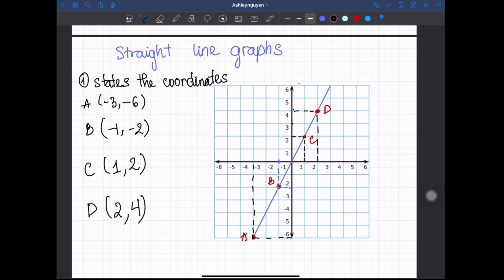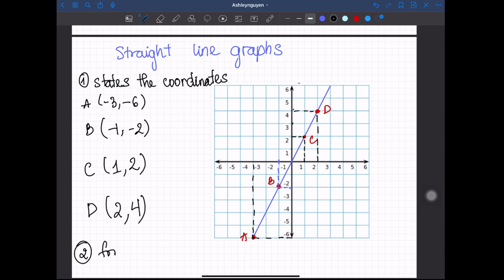I can see that for each value of x, y is multiplied by 2. For example, x equals negative 3, y equals negative 3 times 2, equals negative 6. x equals negative 1, y equals negative 1 times 2, equals negative 2.